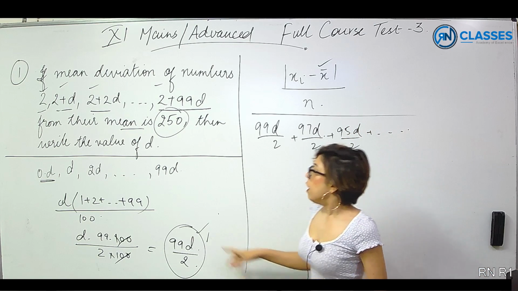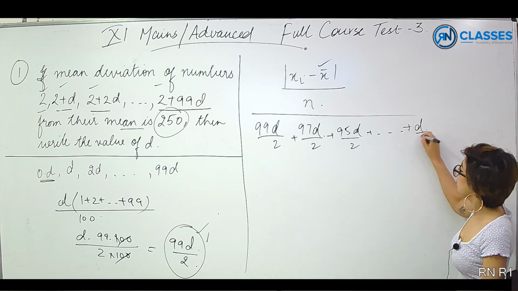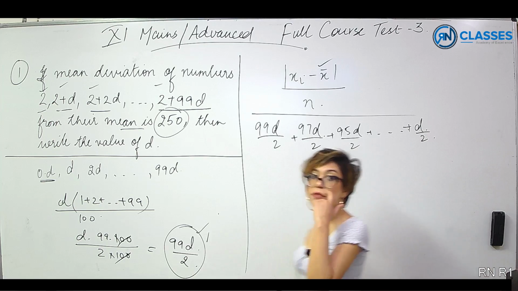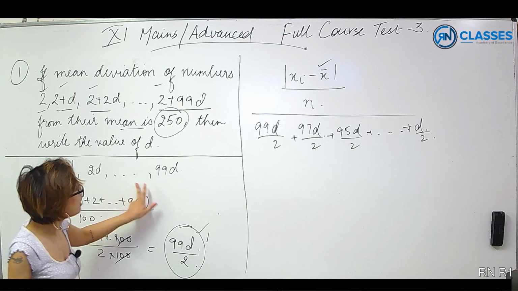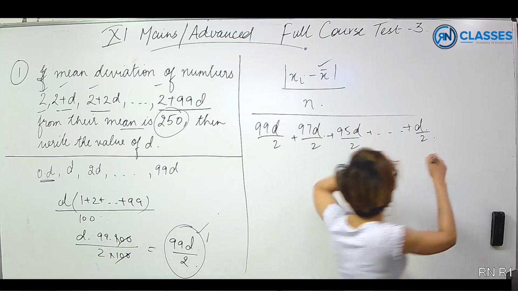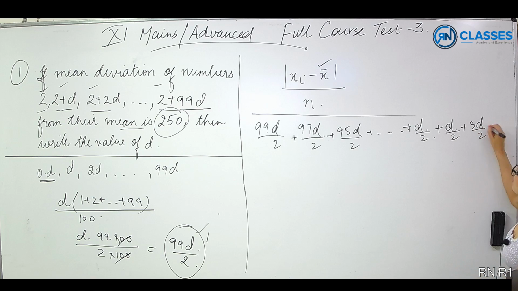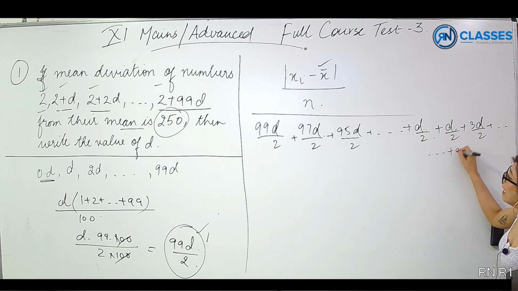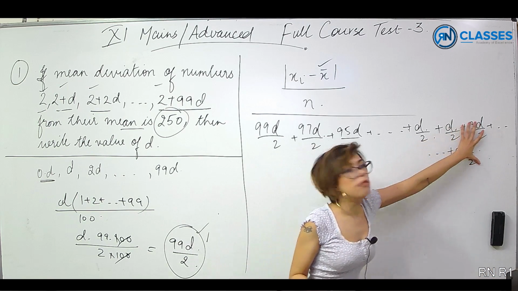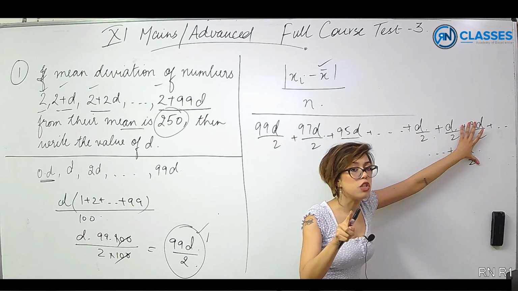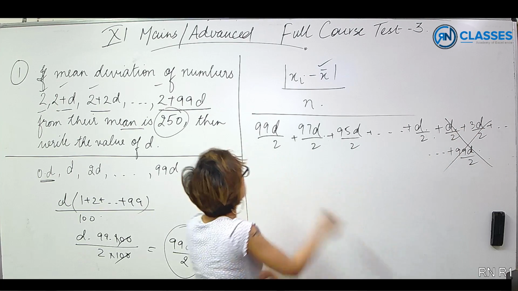Mind it, if I proceed further like this, I will get d by 2. Right? This is for the first 50 observations. Then when we come to the next 50, again the deviation will start like this. It will get d by 2, then it will get 3d by 2, and so on. I will go on till 99d by 2 again. You can see that all of these deviations will repeat again. So I will not try to write it. I will just double this up.